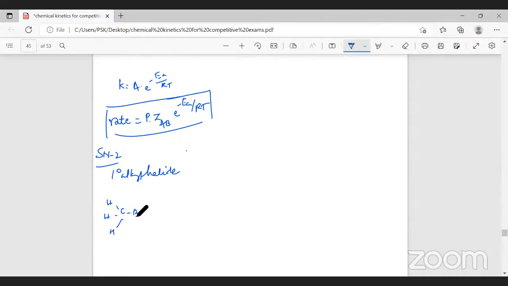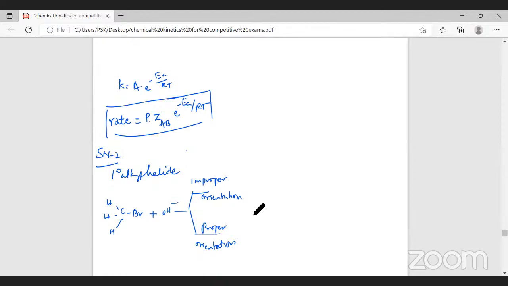This methyl bromide, when allowed to react with a nucleophile, OH minus, there are two possibilities. One is improper orientation. The other one is proper orientation.